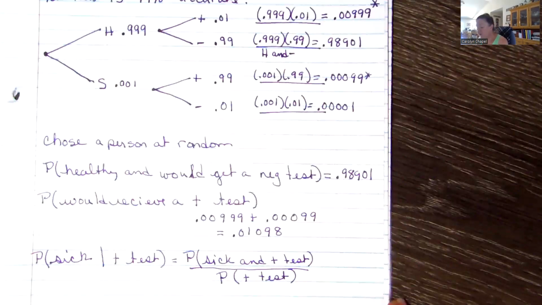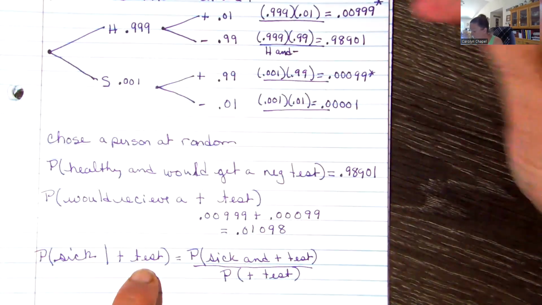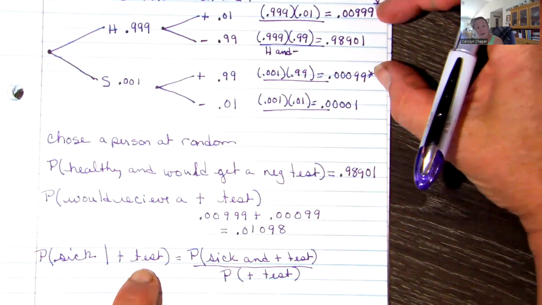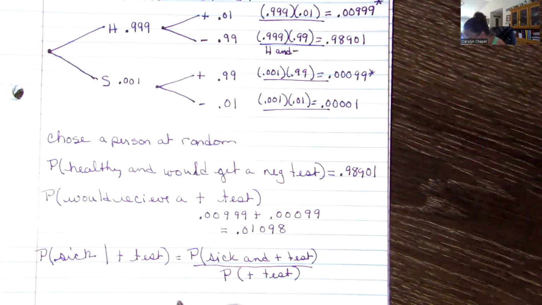Okay, and this comes directly from the definition of a conditional probability. We have talked about it in my videos anyway, about restricting the sample space down. So just knowing that we are on those positive test pieces, we're out of these two guys. To calculate this, we will look at that sick and positive.